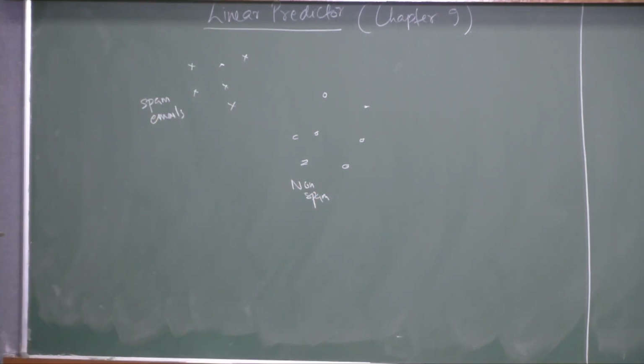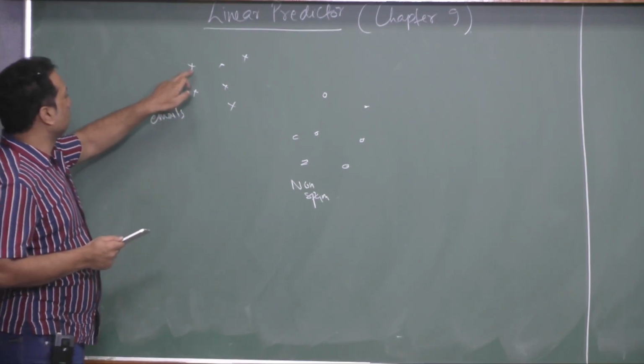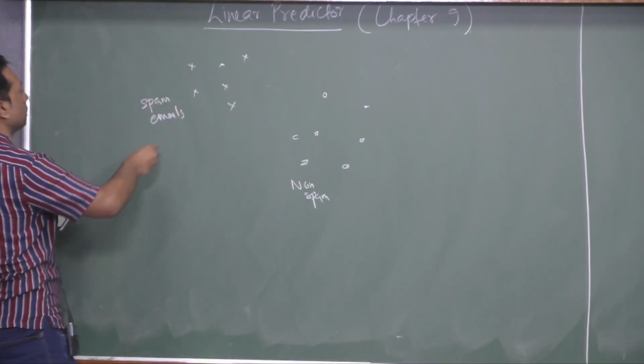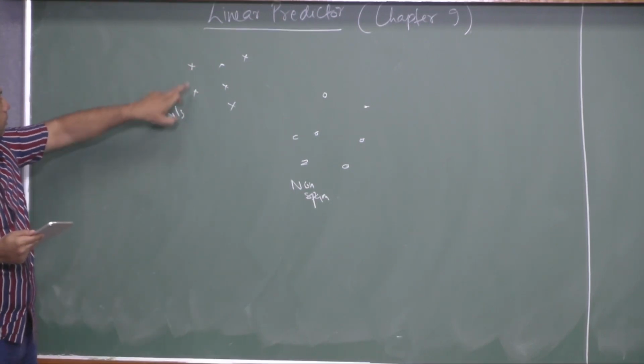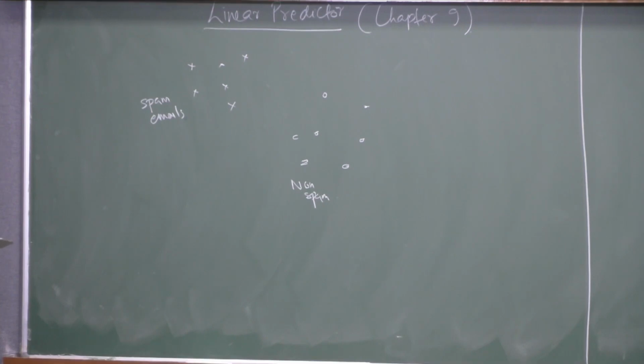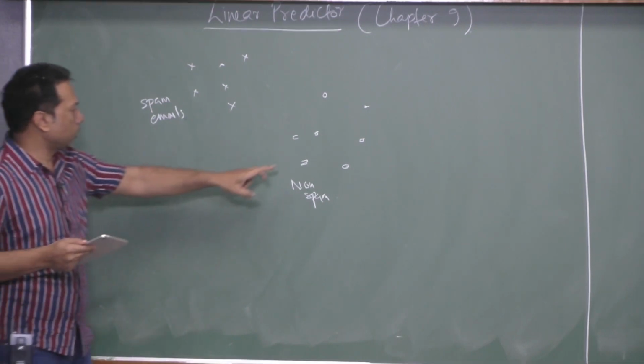And when you are building a classifier for spam and non-spam email, then these data points might correspond to the keywords that you may have seen in the spam email and the keywords that you see in the non-spam email.